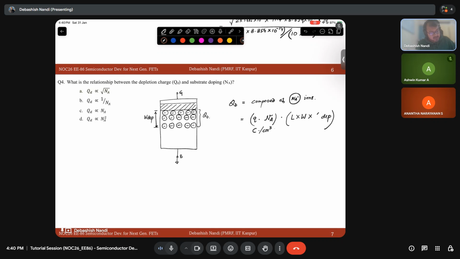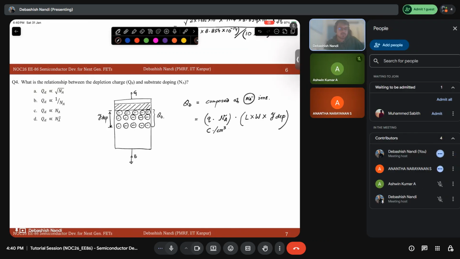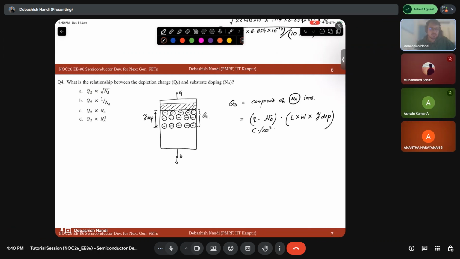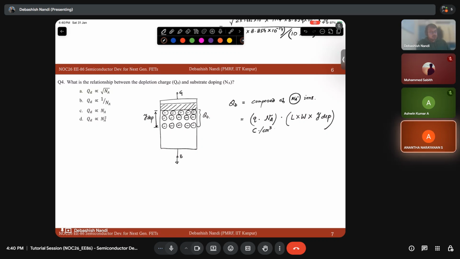Okay, let us be consistent, Y depth we are using, right? Is that clear? Yes, sir. And this is centimeter cube, so the entire thing will come out to be coulomb. So Q times NA times L times W times Y depth.